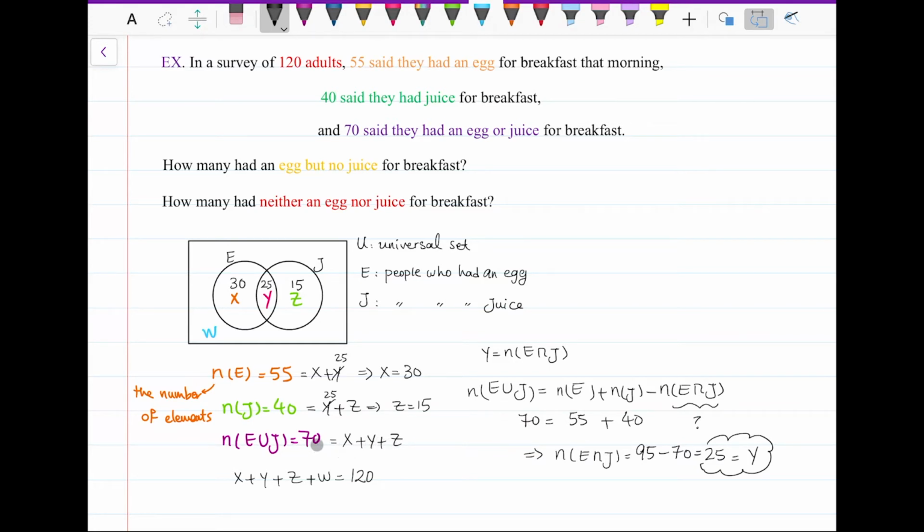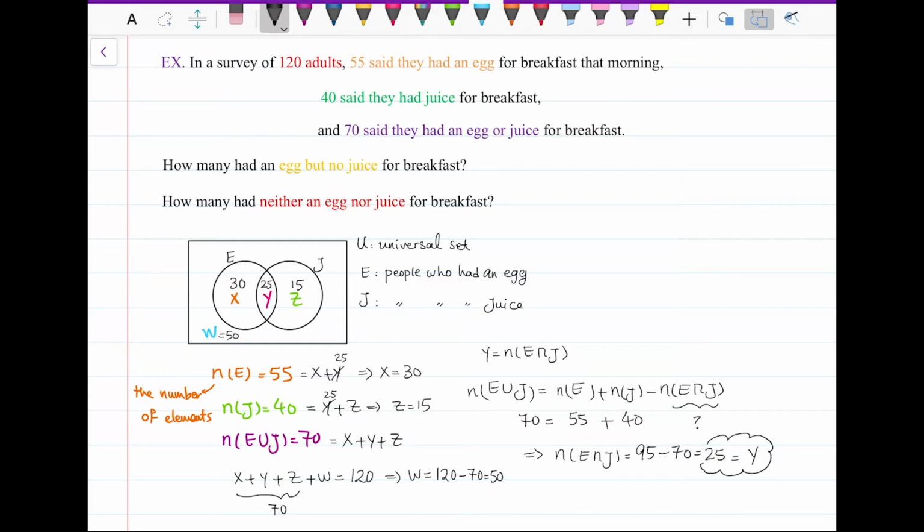I know x plus y plus z is 70. You can check that the numbers you got are correct. Look at here, x plus y plus z, this is 70. And based on that, w is equal to 120 minus 70, which is 50.